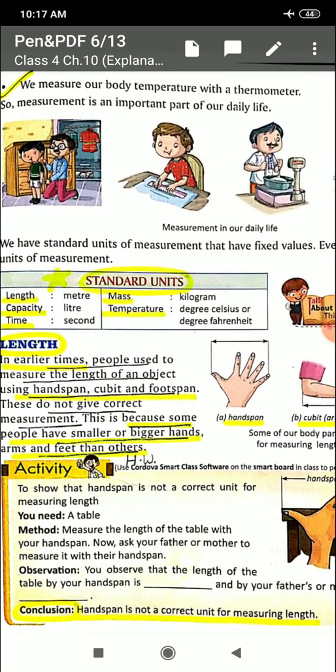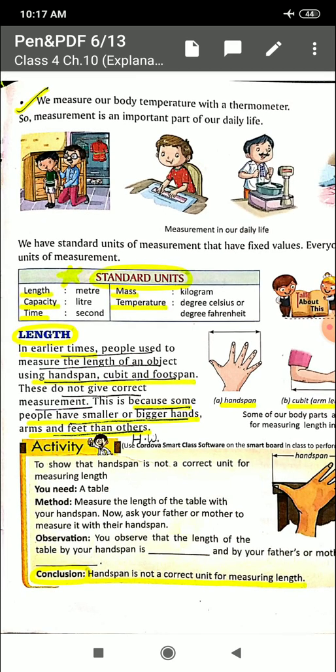Now, as I discussed with you just now, we need fixed quantities, fixed units, to measure different things in our daily life. And these fixed units are known as standard units of measurement.